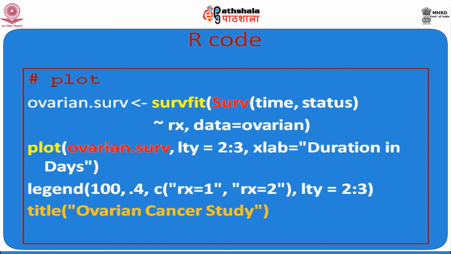Thereafter we will put the legend, which will show in the graph which lines represent which treatment groups, and then we will put the title, that is, ovarian cancer study.